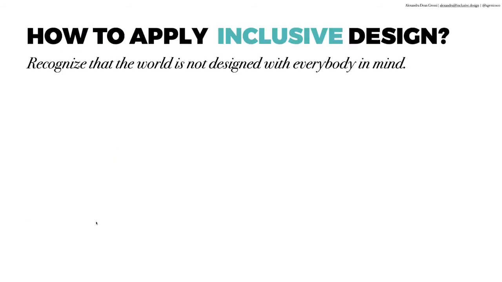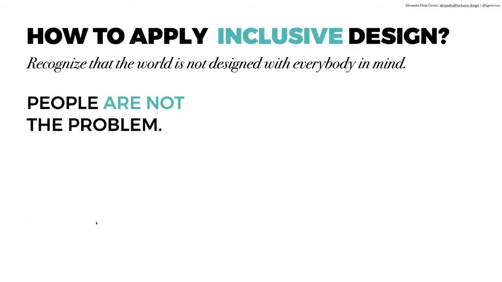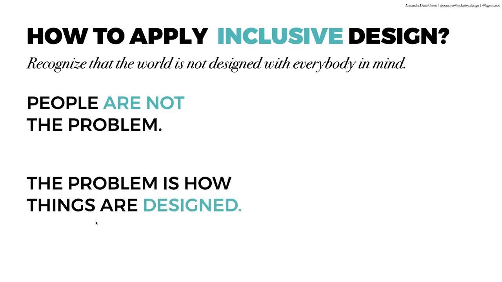So how do you apply inclusive design? You're recognizing that the world is not designed with everyone in mind. One of the great trends that has happened is the realization that people are not the problem; it's how things are designed or created or made, or who's involved in that process. We'll examine this more on the next slide, but it's just brief.